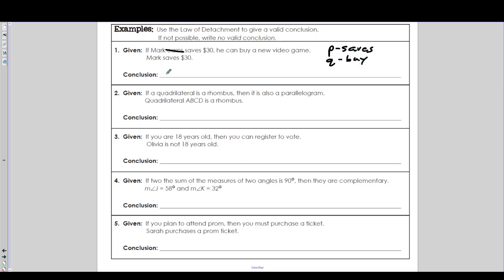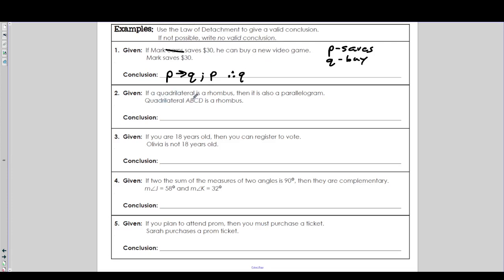So we say if, and this is not the conclusion, I'm just using the space to write, if he saves the money, then he can buy a new video game. So Mark saves $30. That means our second statement, P, is true. And we know that since we have this conditional and the hypothesis is true, then we can conclude, therefore, Q is true. That means our conclusion is true.